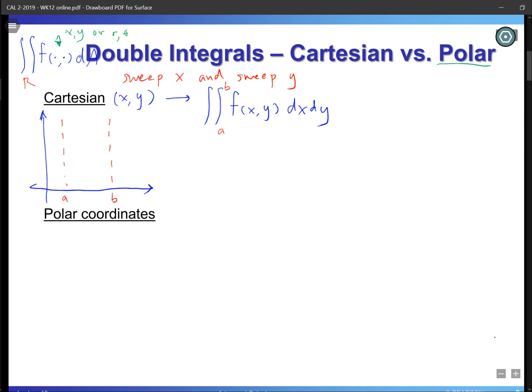So we say that y starts at C and ends at D. So if you look at the sweeping, we sweep x from A to B and then sweep y from C to D. So in the end we have this domain region and it has a rectangular shape.